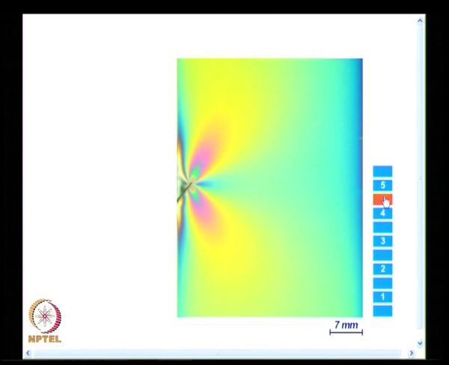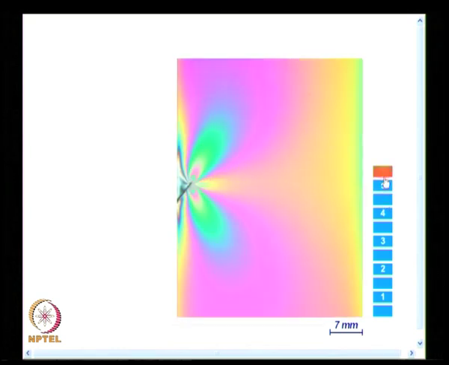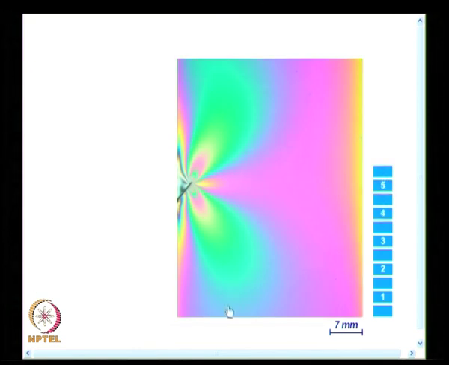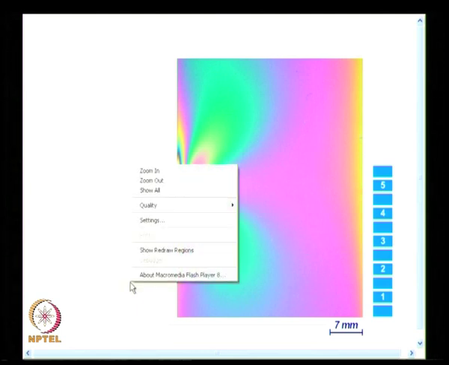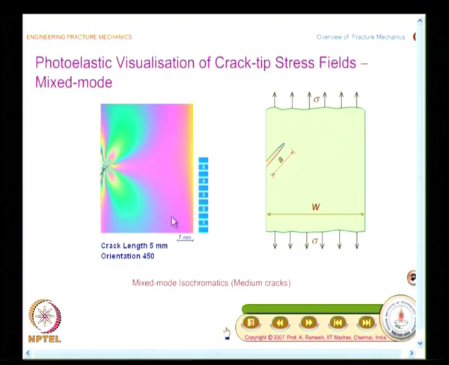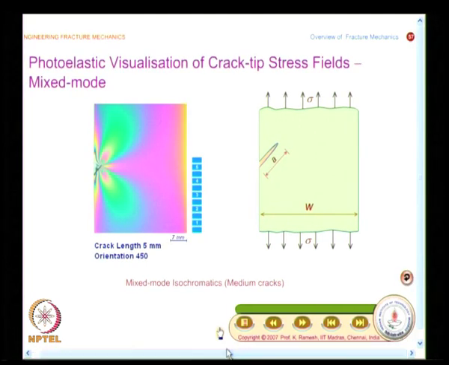So, in an actual structure, when you do a photoelastic testing, if you find the fringes are of different sizes and they are not symmetrical, you can immediately conclude that this is a mixed mode situation. And this is all done for medium length cracks. I have not taken a longer crack. In fact, we would see very interesting practical examples in which the situation changes when the crack length is longer.